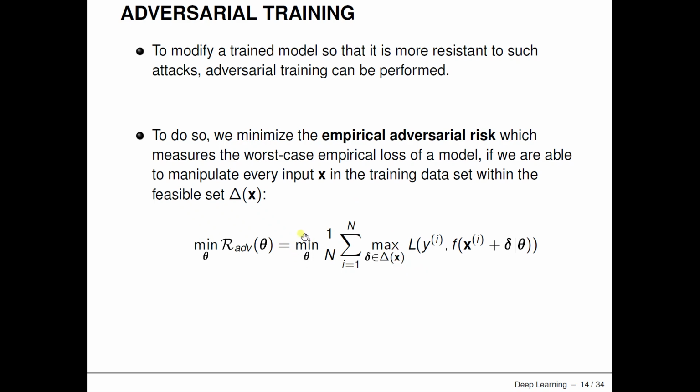You can see in this formula that it's simple minimization with respect to the parameters, but not on the original examples x, but on the perturbed x plus delta, where delta is chosen such that loss is maximized. And this is exactly the formulation of the adversarial training.